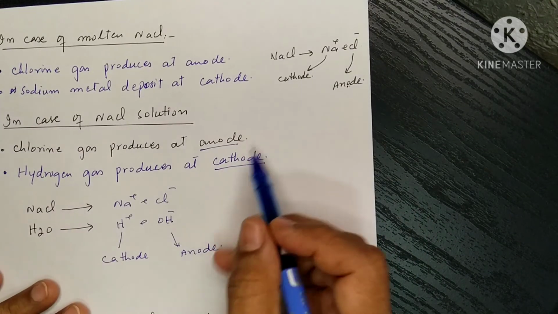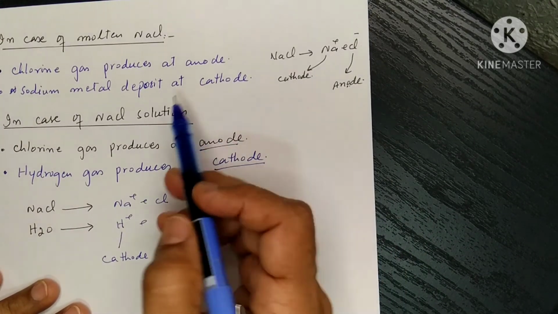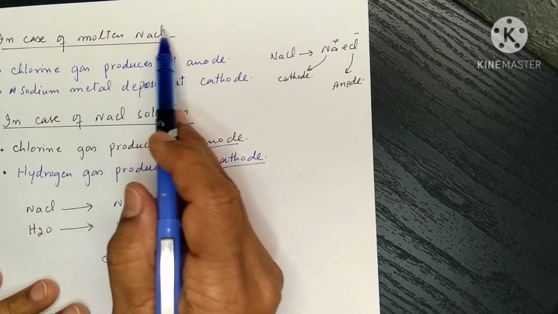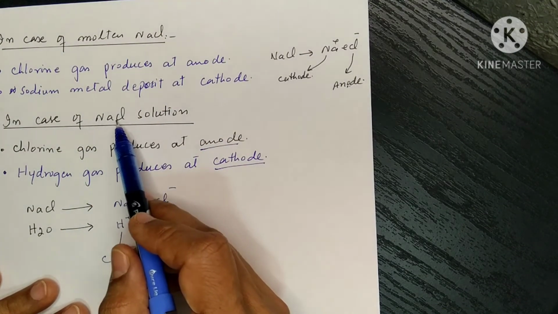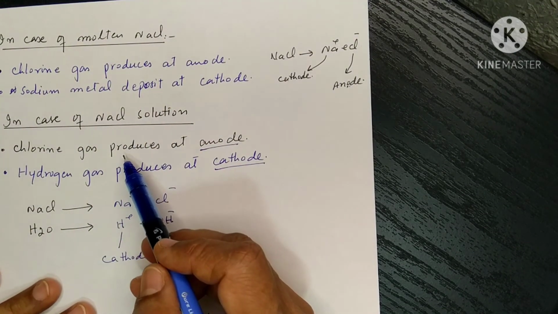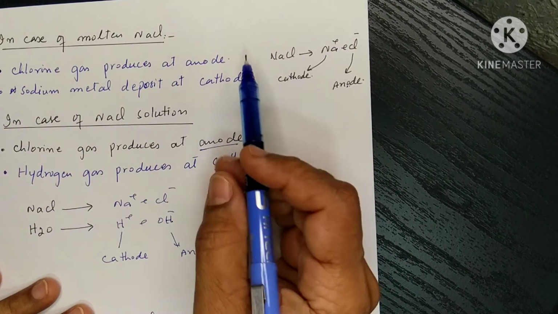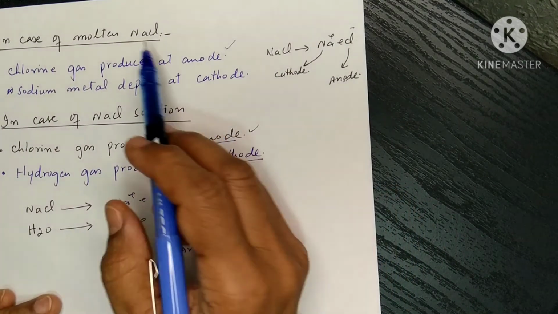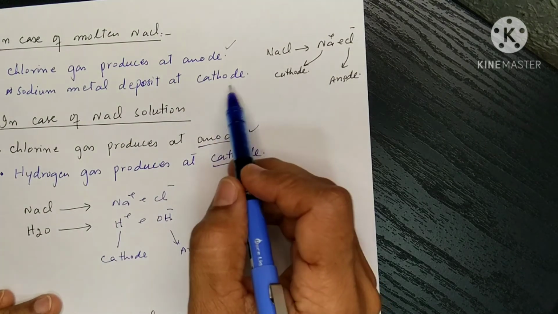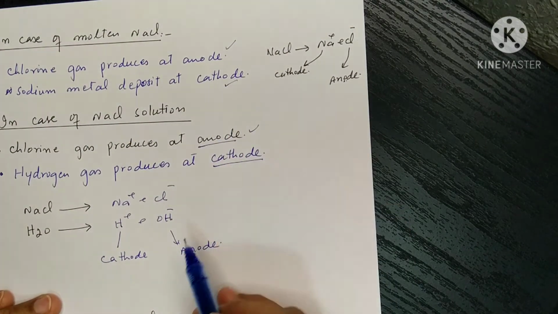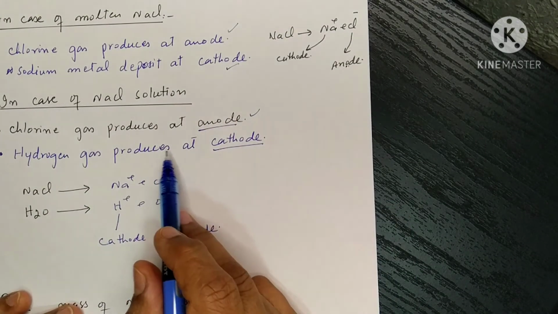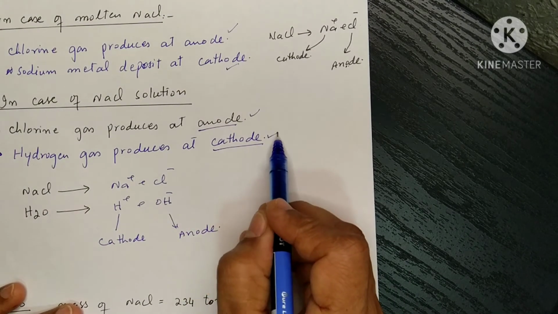If we compare the products of the electrolysis of molten sodium chloride and electrolysis of the sodium chloride solution, there is a big difference, because at the cathode, in the case of molten sodium chloride, sodium metal will deposit, but in the case of the aqueous solution of sodium chloride, hydrogen gas will produce.